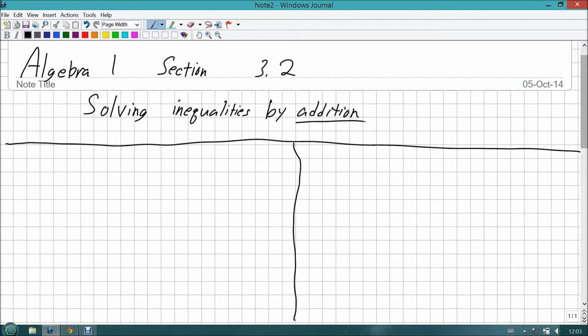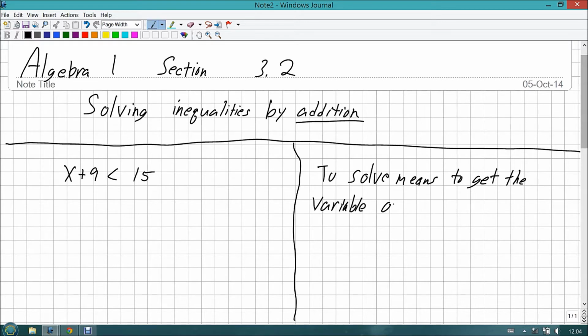The first one that we're going to be looking at is x plus 9 has to be less than 15. Now, to solve means to get your variable on one side, and everything else on the other.